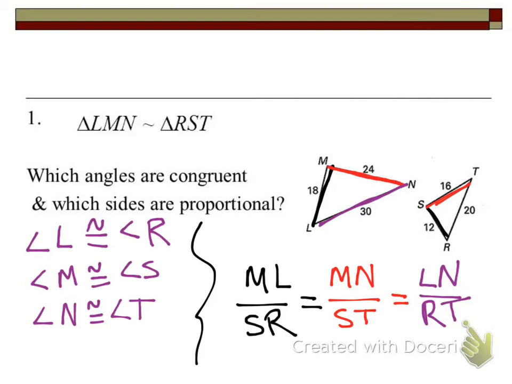But do you guys have any questions? Remember, the angles are congruent, the sides are proportional. So you just line up the matching sides, write them as ratios, similar to how we wrote ratios yesterday. And then proportions are just ratios that are set equal to one another. Questions? Anyone need more time with this one?